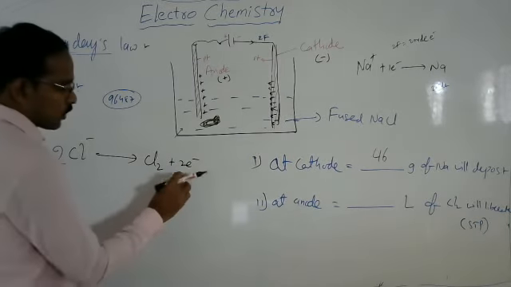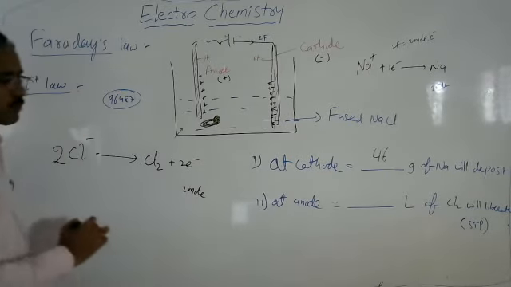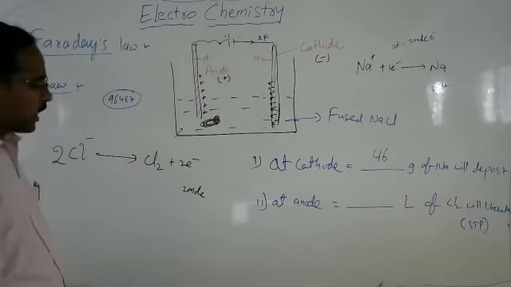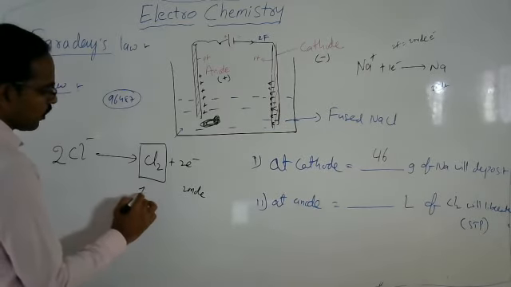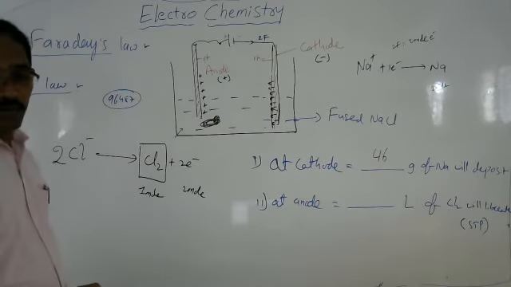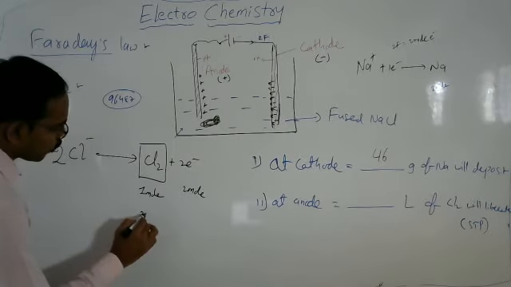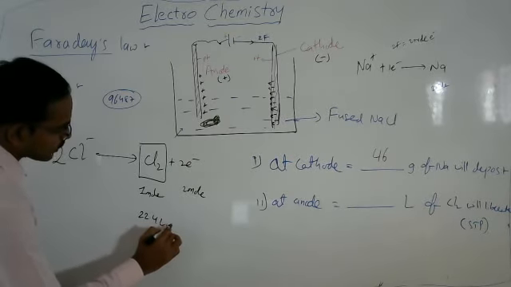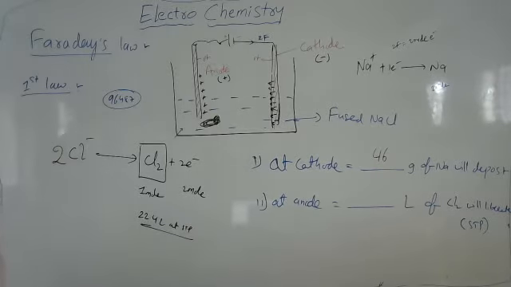If I take 2 moles of electrons, how many moles of chlorine is forming? 1 mole of chlorine is forming. So how much is that? 1 mole equals 22.4 liter at STP.